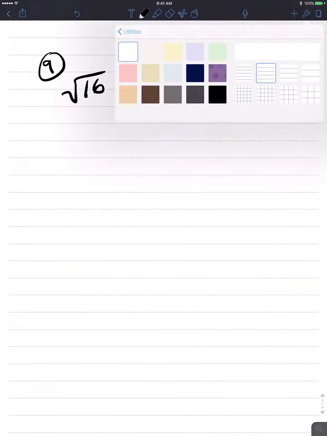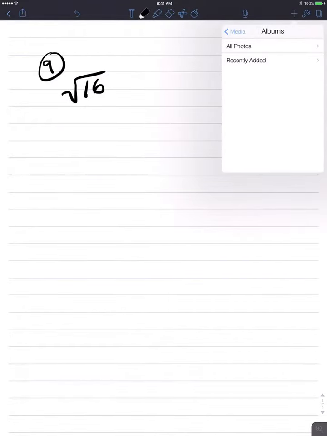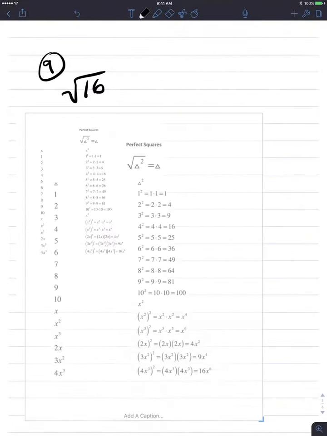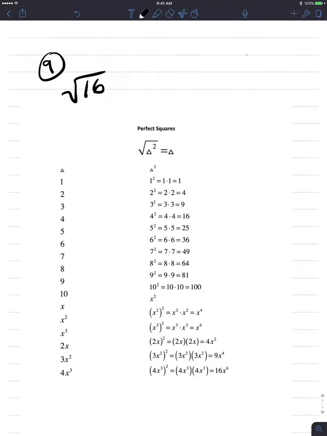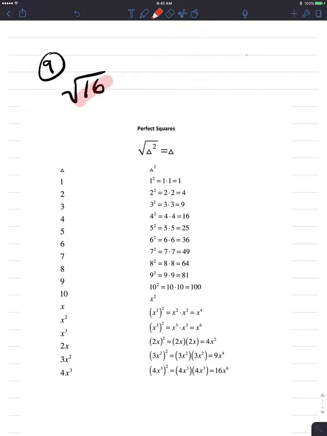Number 9. The square root of 16. Let's notice that 16 is a perfect square.